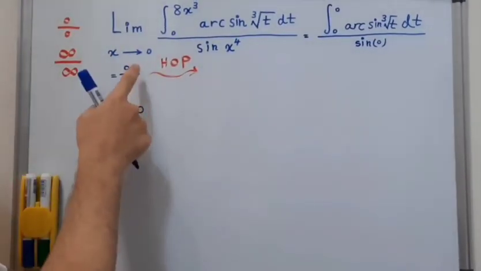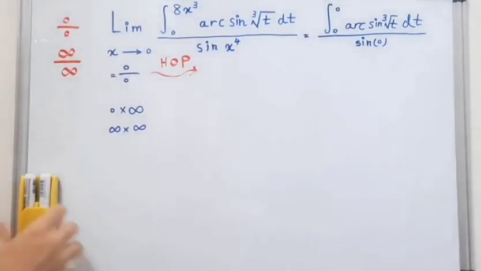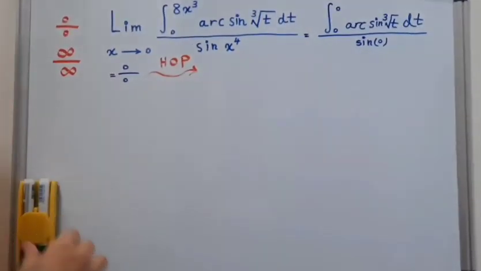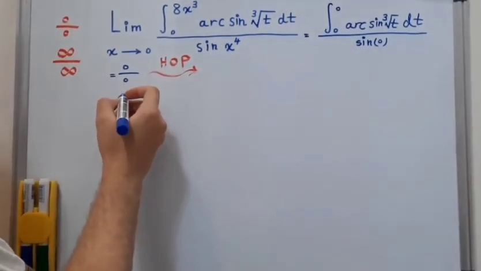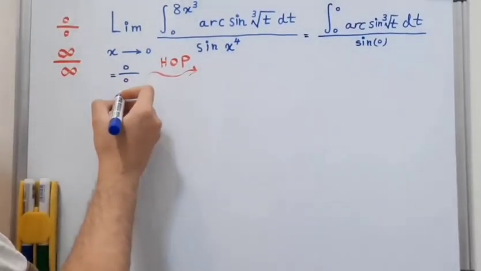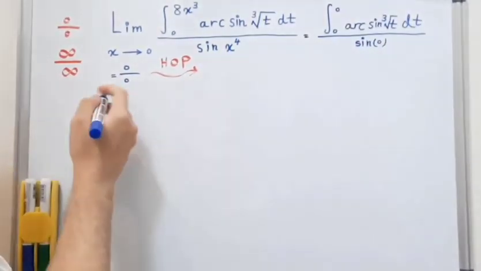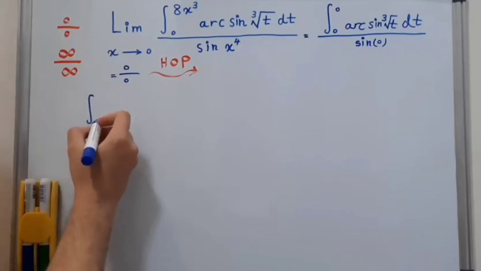And here we reach 0 over 0, so we can use L'Hopital's method. For L'Hopital's method on the numerator, wait, I'll write something, it's so important.